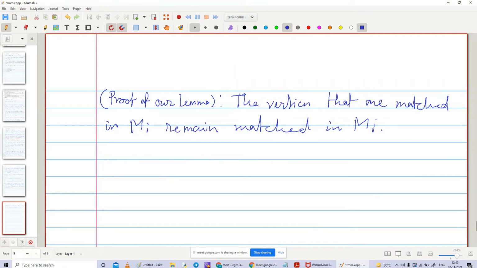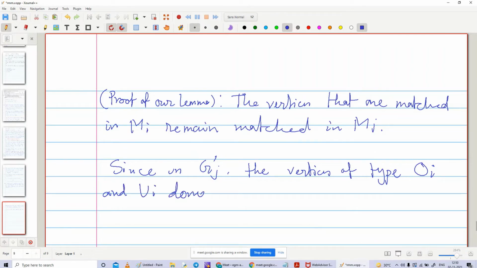Now, one more thing to notice is that in G prime j, the vertices of type Oi and Ui do not have edges of rank strictly greater than i incident to them.